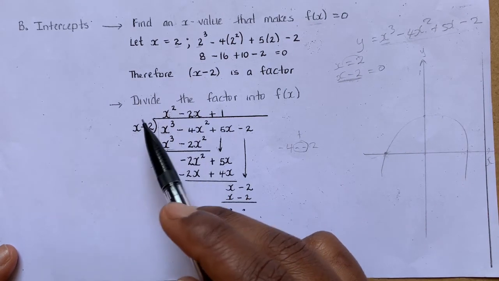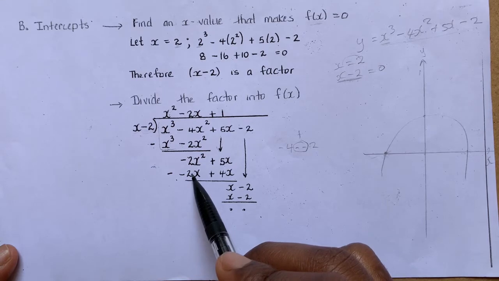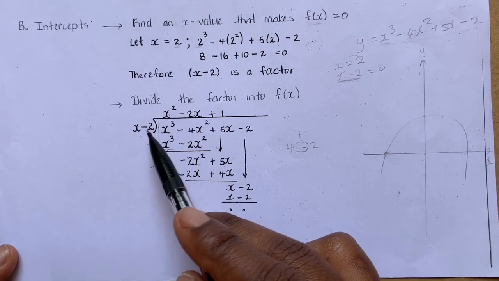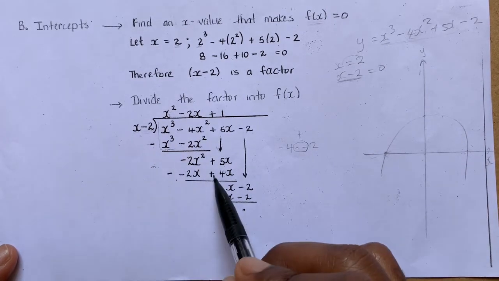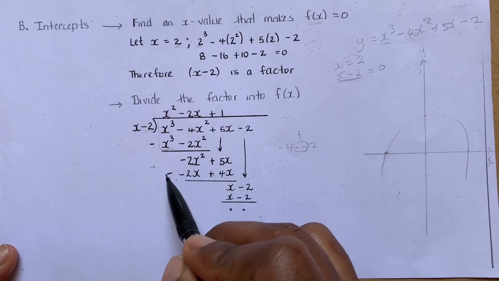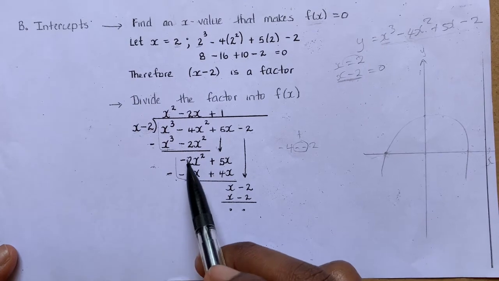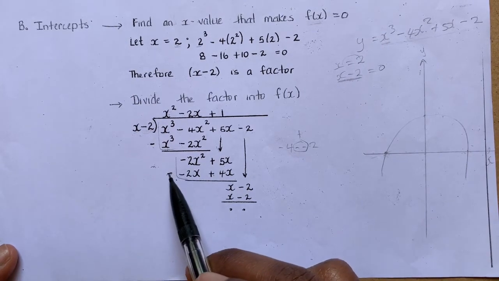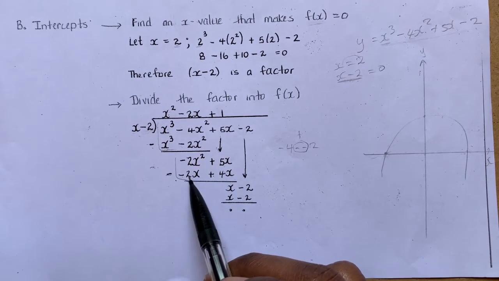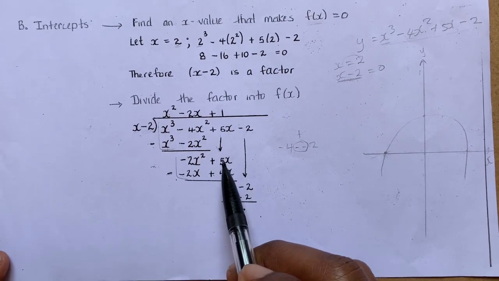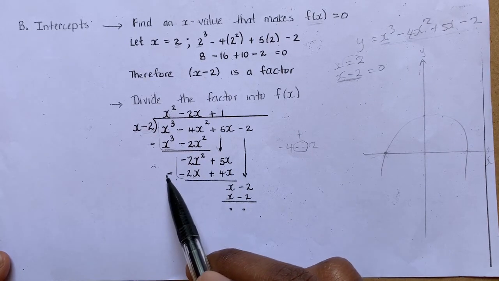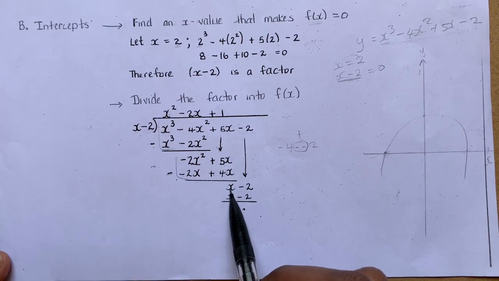Negative 2x times x, negative 2x squared. Negative 2x times negative 2 is a positive 4x, and we'll subtract once more. So we have negative 2 minus minus, which is a plus 2, that's 0. And we have 5x minus 4x is an x.